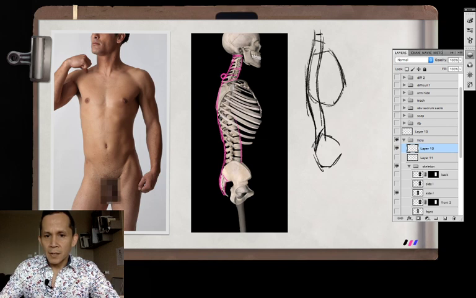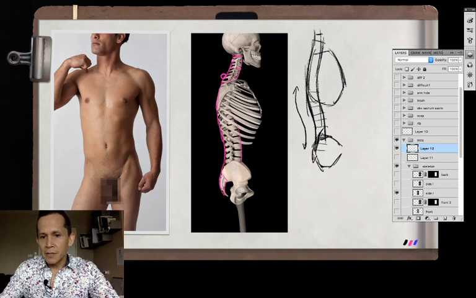And notice that the curve from the rib cage to the attachment of the pelvis or hip bone is also at a curve.